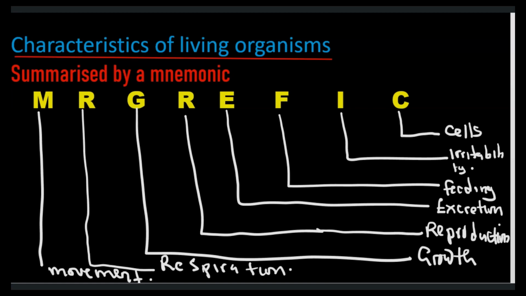Okay, so these are the characteristics of living organisms. The first one, we are saying cells. Then the second one, irritability or sensitivity. So I is irritability. Let me write it here.